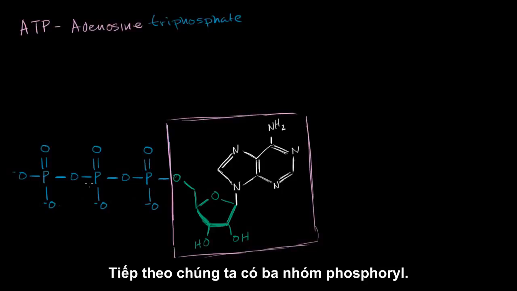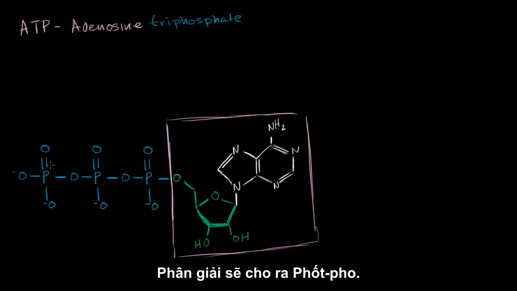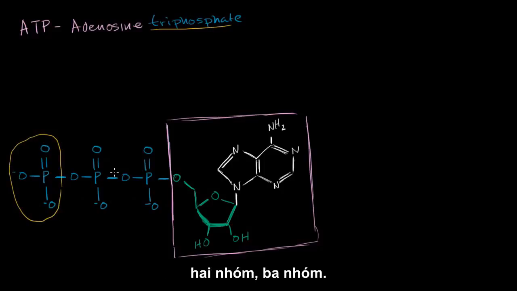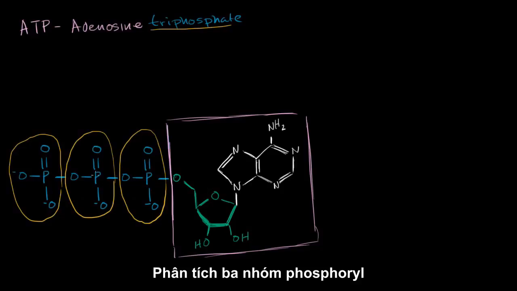And then you have 3 phosphoryl groups, and when they break off, they can turn into a phosphate. And so the triphosphate part, you have 1 phosphoryl group, 2 phosphoryl groups, and 3 phosphoryl groups.